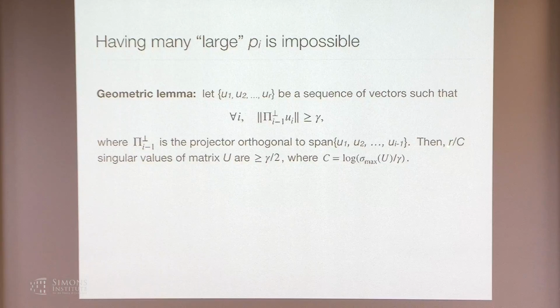In particular, you have roughly r divided by log n singular values of this matrix of u that are at least gamma by 2.